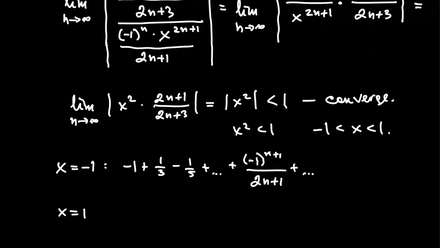So this is an alternating series whose terms decrease in absolute value to 0, and by the alternating series test, this series converges.